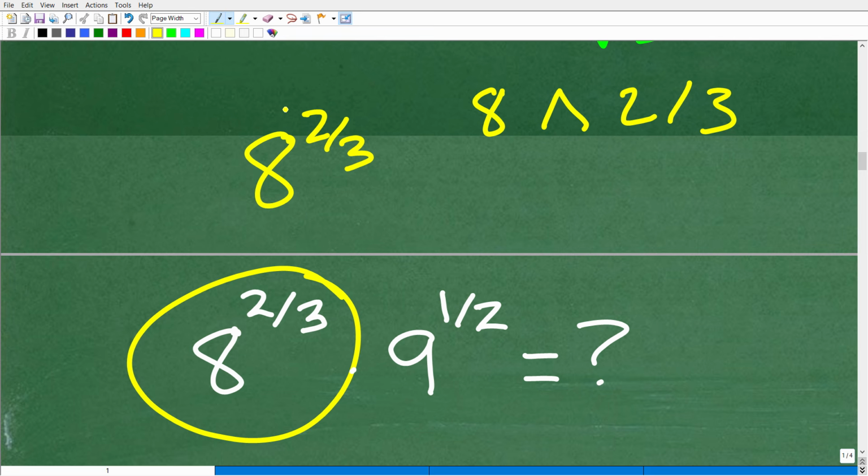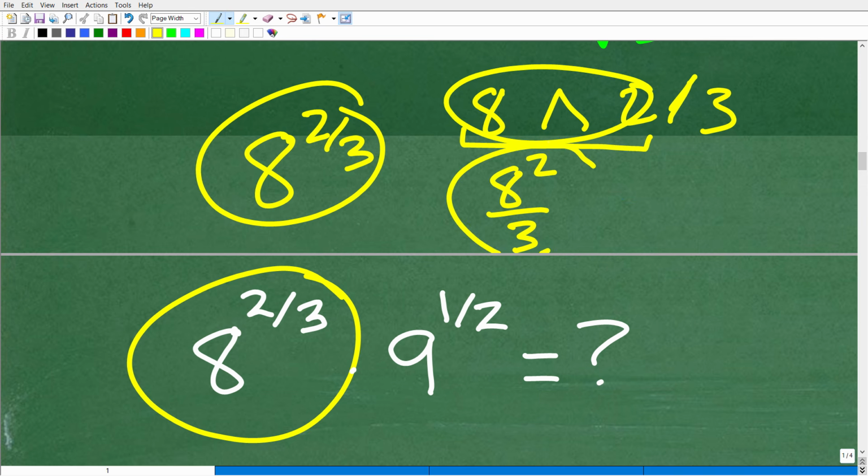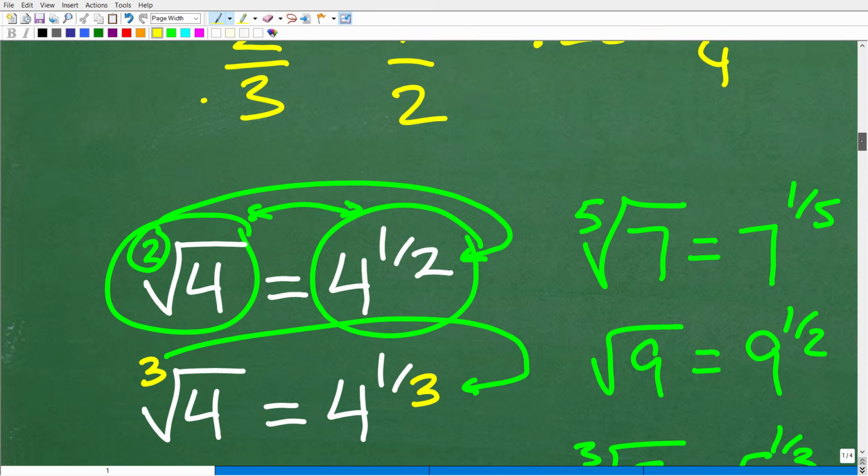You're thinking that you're typing in this, but really, let's think about the order of operations, you're typing in 8 squared divided by 3. 8 caret 2 means 8 squared, and this means divided by 3. Remember, in the order of operations, you do exponents before division, so you've got to be very careful. So always put your rational exponents in parentheses.